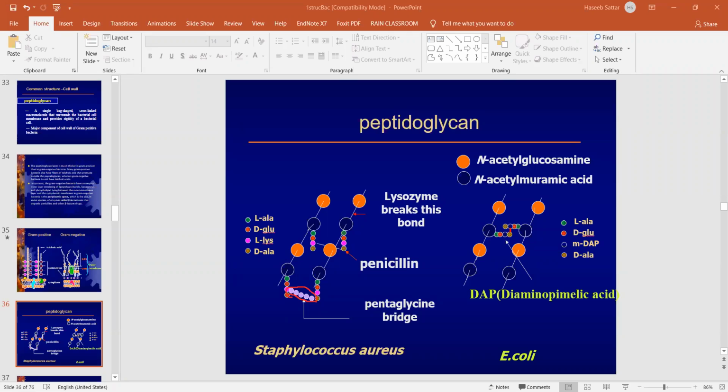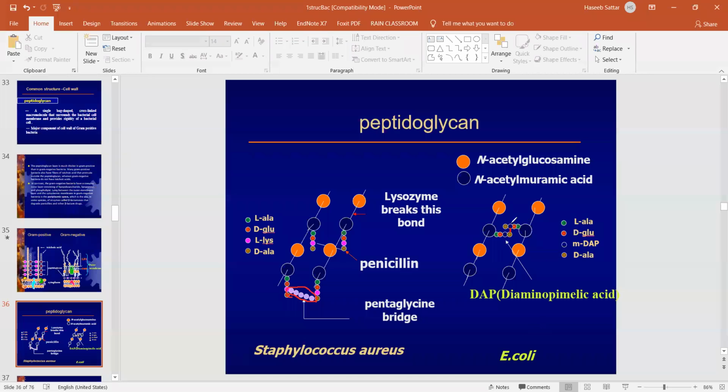So different bacteria have different glycine links. Class understood? Yes, sir. Different bacteria either have different amino acids, or they don't have any amino acid between their linkage.